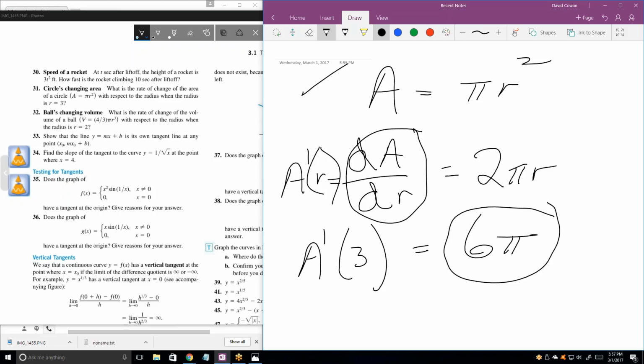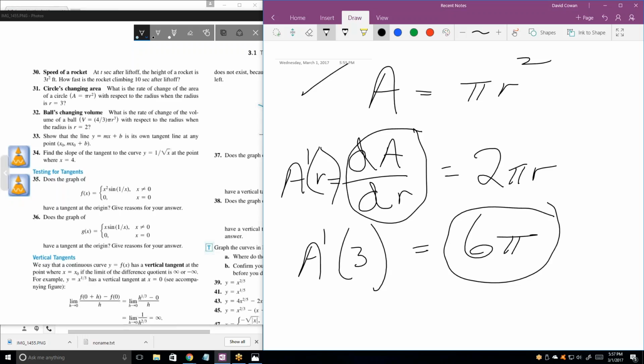The area is changing by 6 pi units. They don't give any units on here. In other words, the change of the area is not linear. As the radius changes, the rate of change of the area changes. When the radius is 1, the area is only changing by 2 pi.